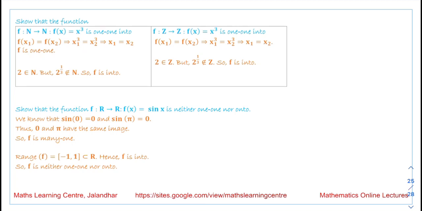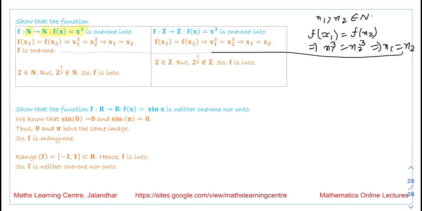So now the domain of the function is N, the codomain is N, and the function is f(x) is equal to x cube. So we are considering, suppose there are elements x1, x2 belonging to N, then we have f(x1) is equal to f(x2). This implies that x1 cube is equal to x2 cube, and this implies x1 is equal to x2. So we are saying this function is a one-one function.